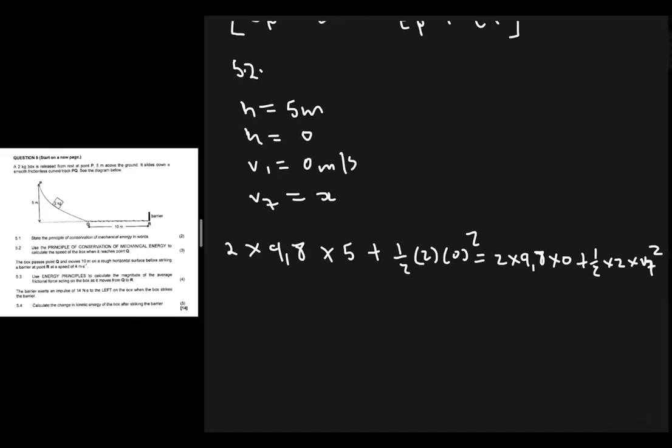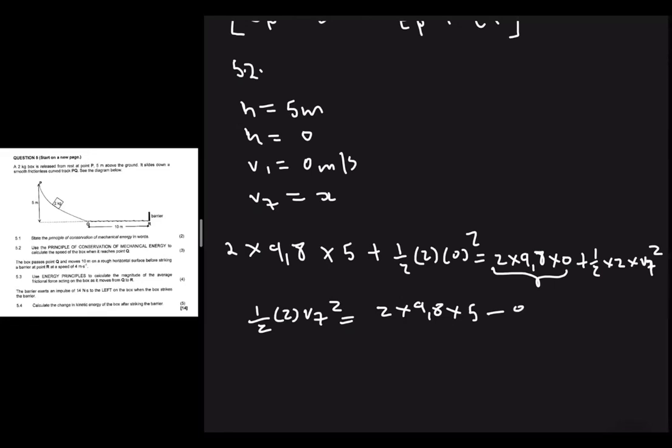So we're going to have 1 over 2 multiplied by 2 VF squared equals 2 multiplied by 9,8 multiplied by 5 minus this expression here, which is going to fall off. That's just going to give us 0.